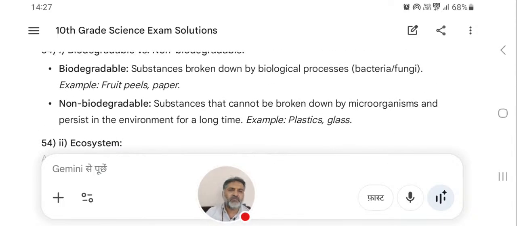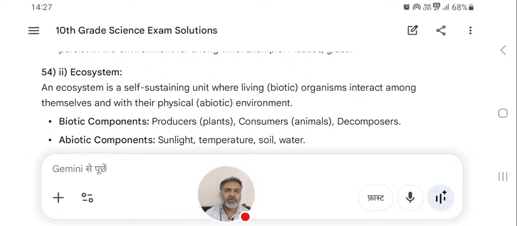Biodegradable substances are broken down by biological processes, by bacteria and fungi, for example fruit peel and paper. Non-biodegradable substances cannot be broken down by microorganisms and persist in the environment for a long time. Example, plastic and glass. Ecosystem: an ecosystem is a self-sustaining unit where living biotic organisms interact among themselves and with the physical abiotic environment.